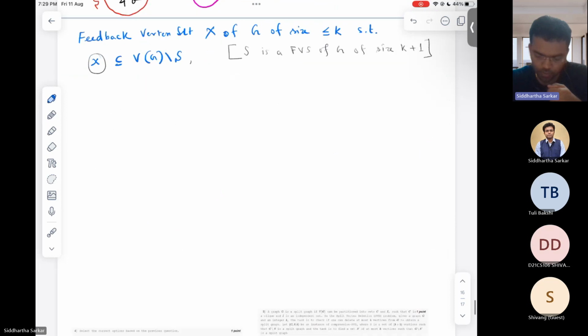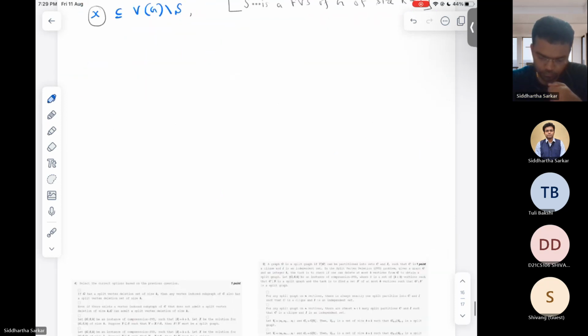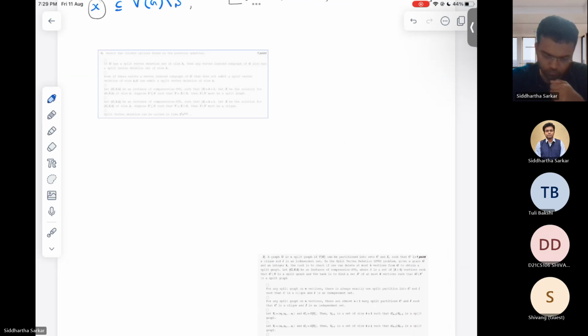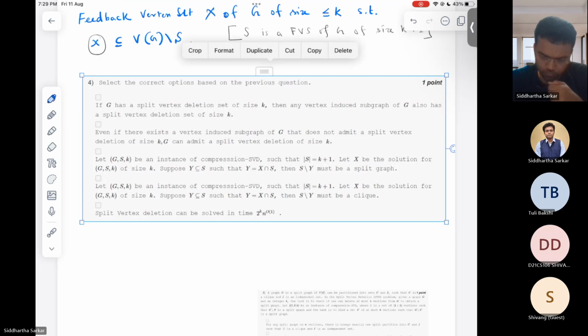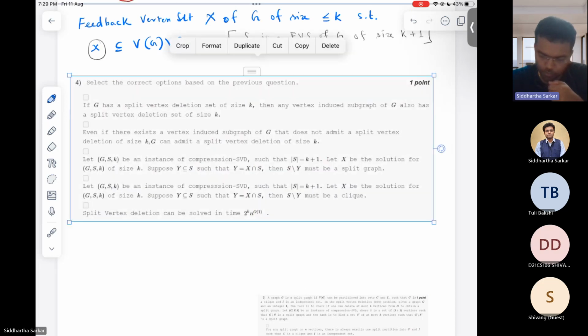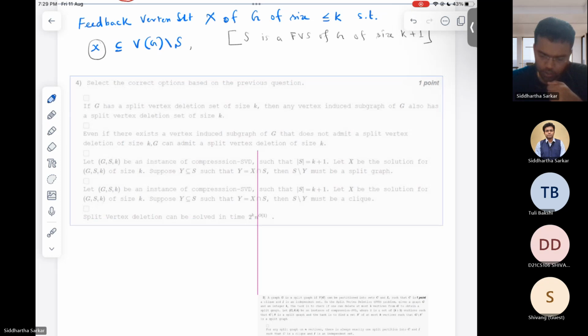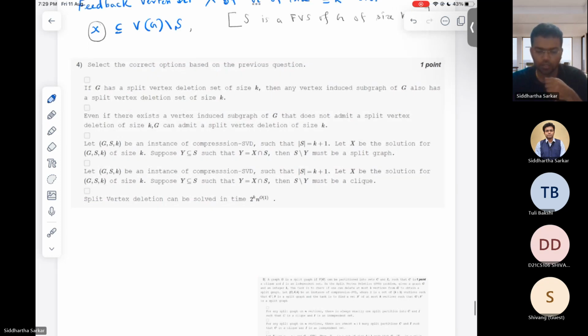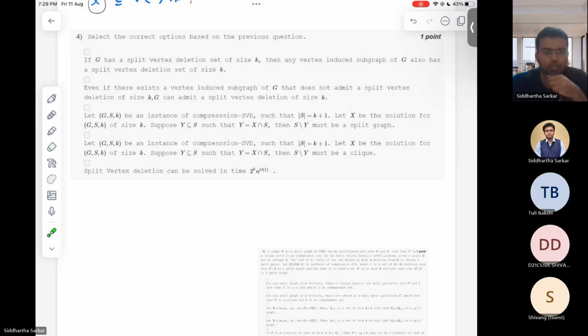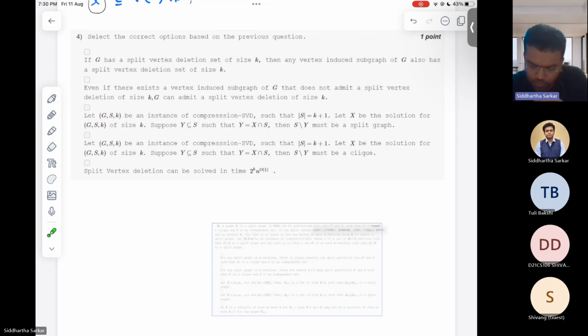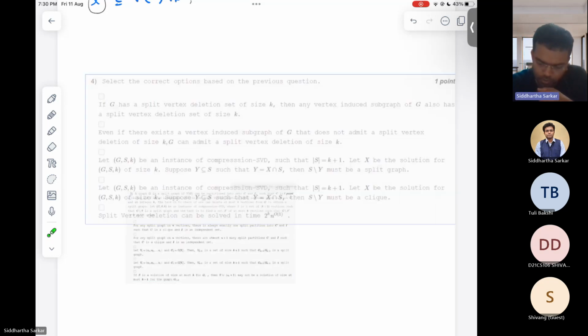So let's move to the next question. I'll let you read the question for a minute. So please concentrate on this question, the question number 4. Okay, so we have a third question. Sorry, we have to first read the third question.